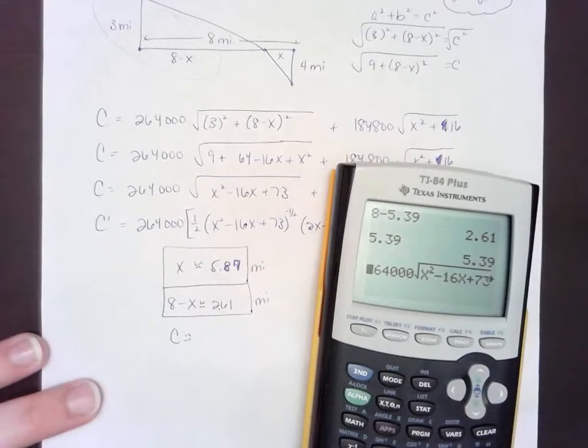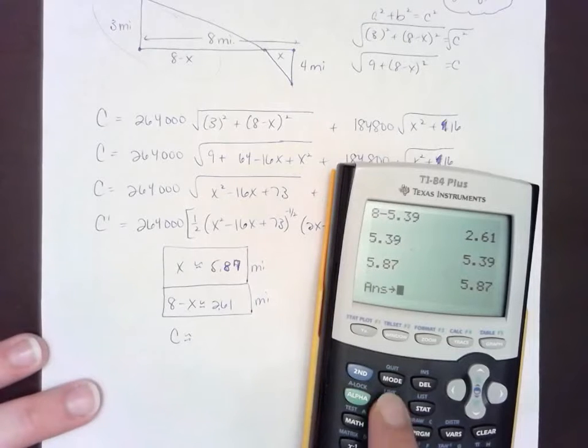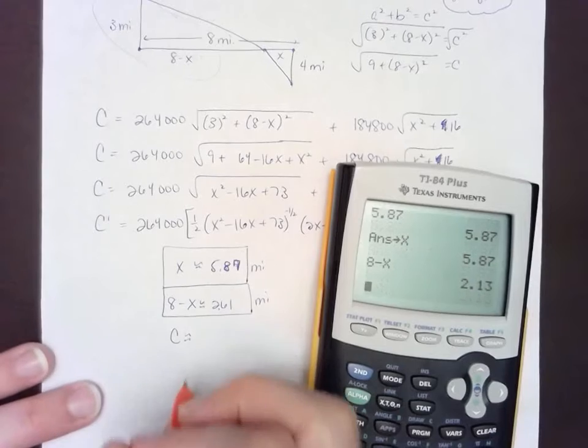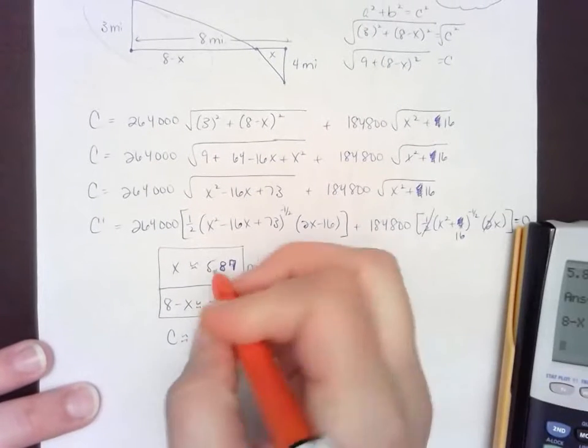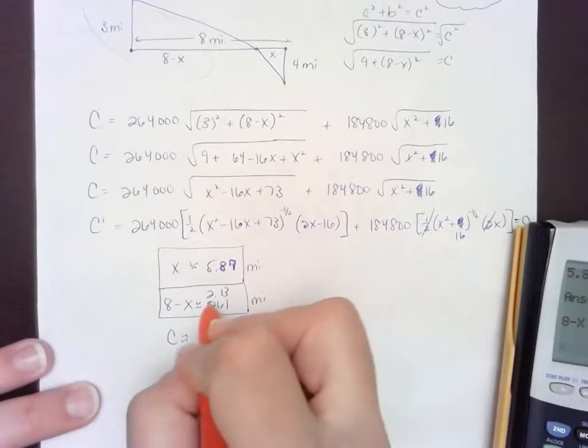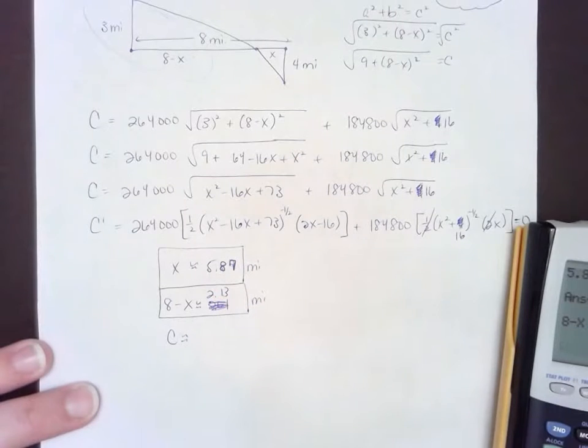All right, so what is 8? Whoops, let me store that into x. What is 8 minus that value? 2.13. What's the cost?